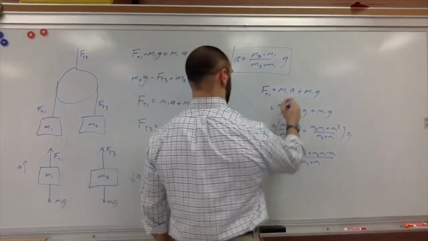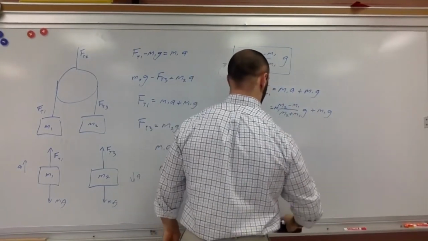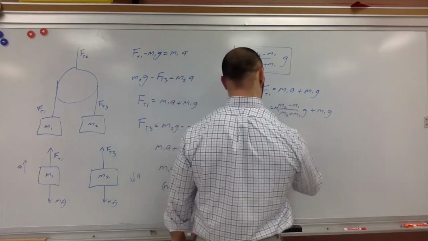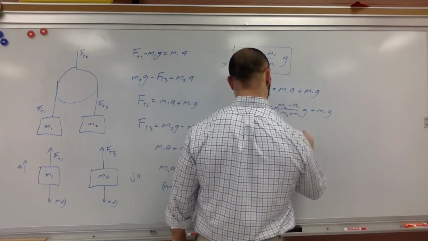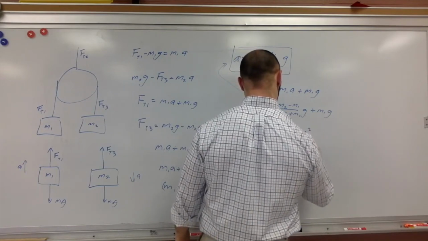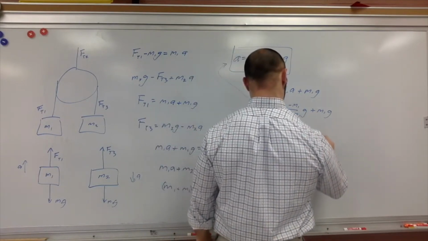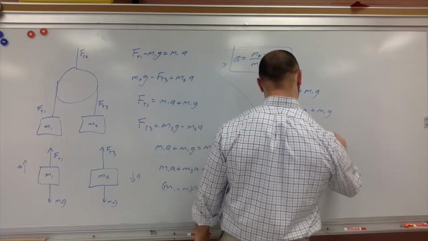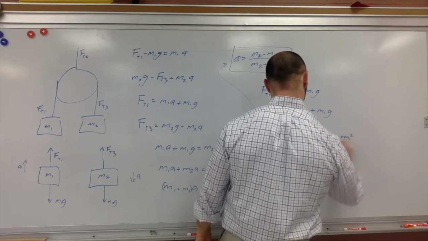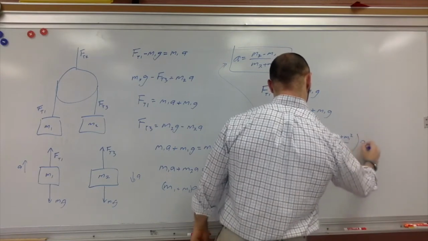Oh, of course I forgot this m1 here. All right, that's going to change this. So now this is going to be m1 times m2 minus m1 squared over m2 plus m1, and then plus m1 times m2 plus m1 squared over m2 plus m1, times g.